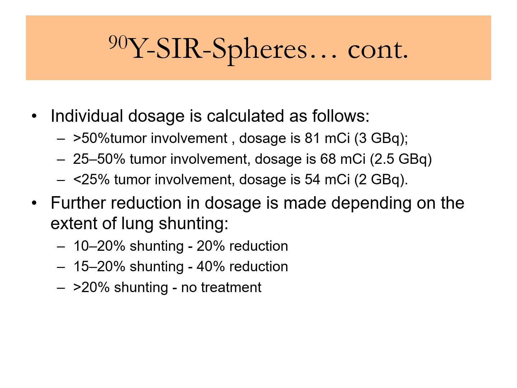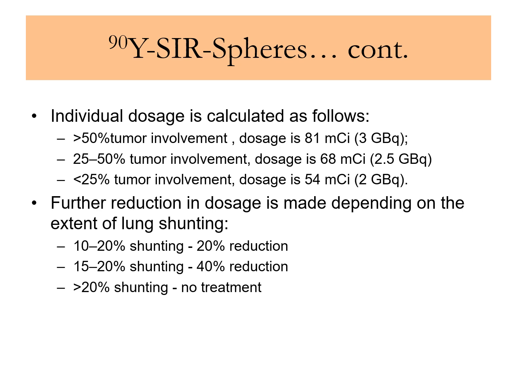So this is how the individual dosage is calculated. If more than 50% tumor involved, dosage is about 81 mCi. If 25 to 50%, 68 mCi, and if less than 25%, the dosage is about 54 mCi. Further reduction in dosage is made depending on the extent of lung shunting.